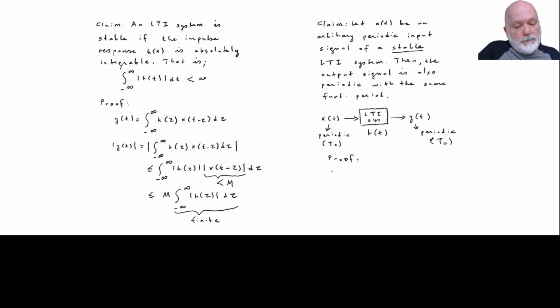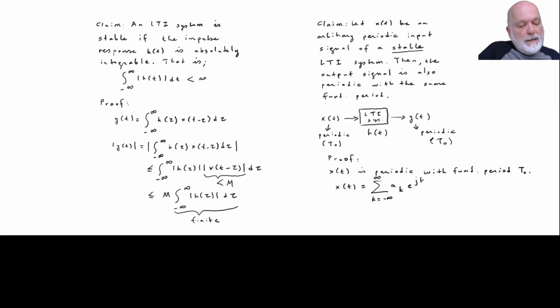Now, x of t is periodic with fundamental period capital T0. So x of t will have the Fourier series representation, sum over k from minus infinity to plus infinity of a_k e to the j k omega 0 t. Here omega 0 is 2 pi over T0.